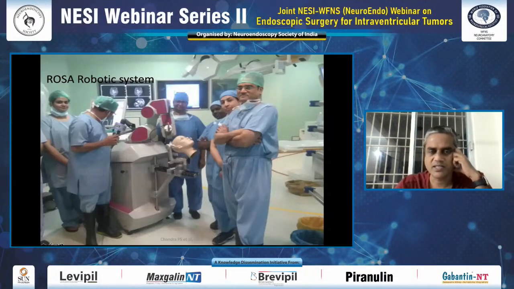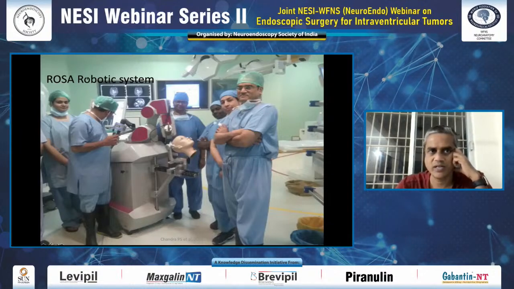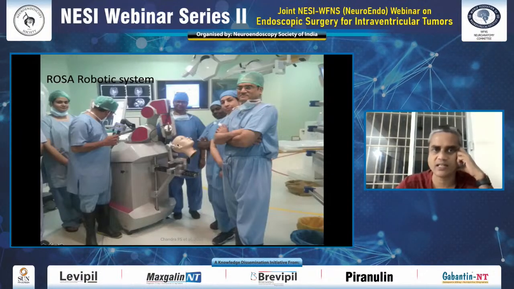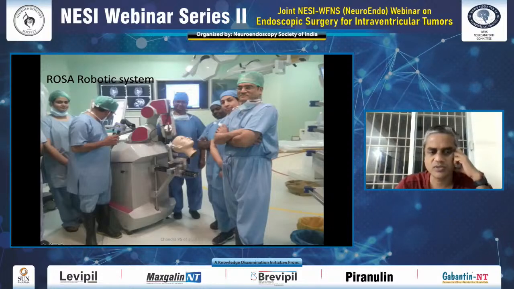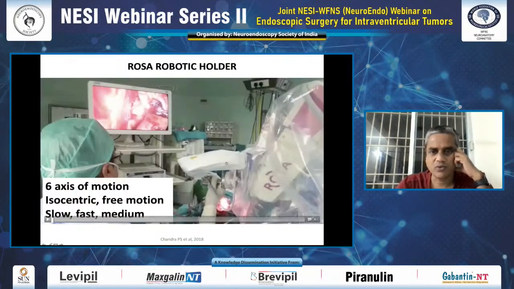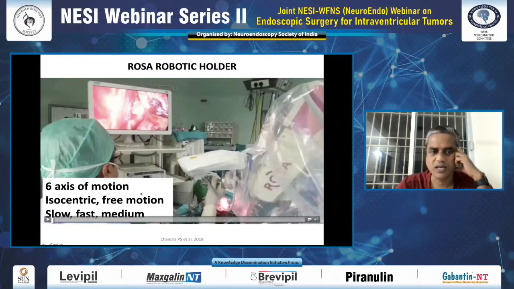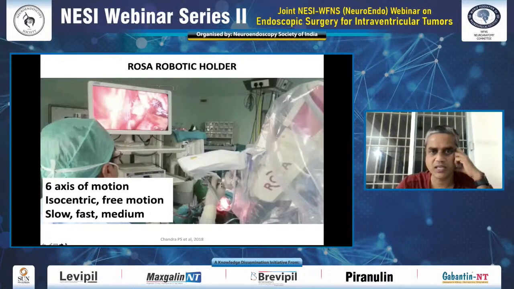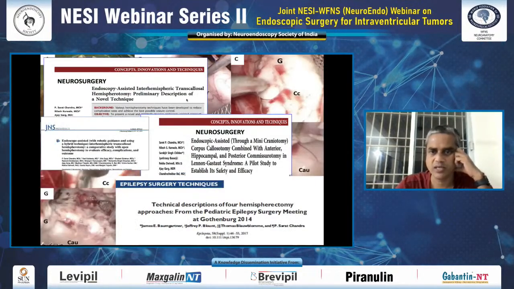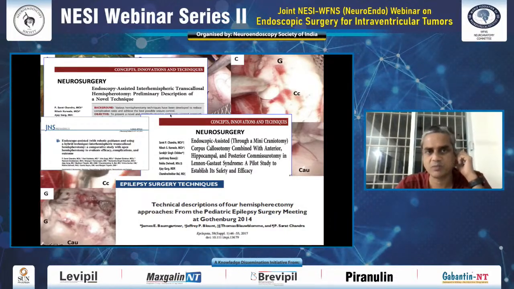Another adjunct which could be added is a robotic arm, and we have acquired this ROSA system, which we use very actively for stereoencephalography for epilepsies. In addition, we've been using it in conjunction with an endoscope, and that allowed me to develop the technique of endoscopic hemispherotomy as well as endoscopic corpus callosotomy with commissurotomy for the first time in the literature.